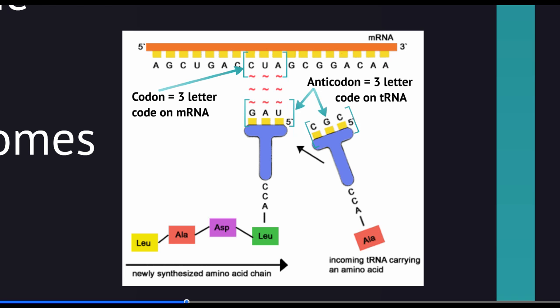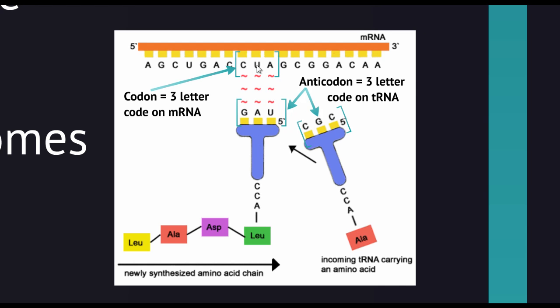The codon and anticodons are not identical. Instead, they're going to use base pairing rules. So C is going to bond with G, U bonds with A, and A bonds with U. And so this codon matches up with this anticodon. That means that this code is asking for a leucine next. Then we can move down to the next codon, which would be GCG.